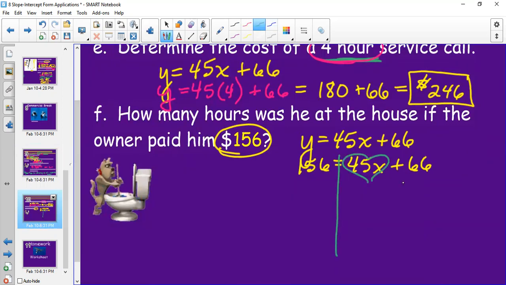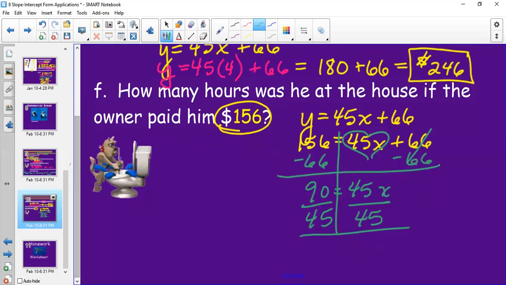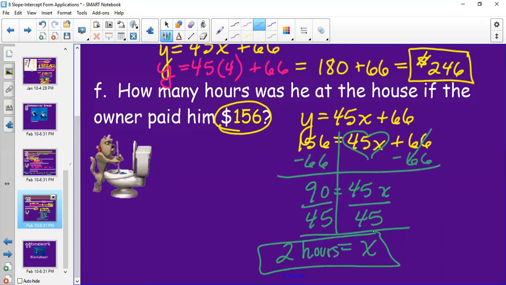So we've got our happy couple, get rid of our outsider by subtracting 66. That gives us 90. And if I divide that by my x, or by my coefficient, I should say, that's going to give us an answer of 2. So 2 hours is how long he was at our house if we had a bill of $156.